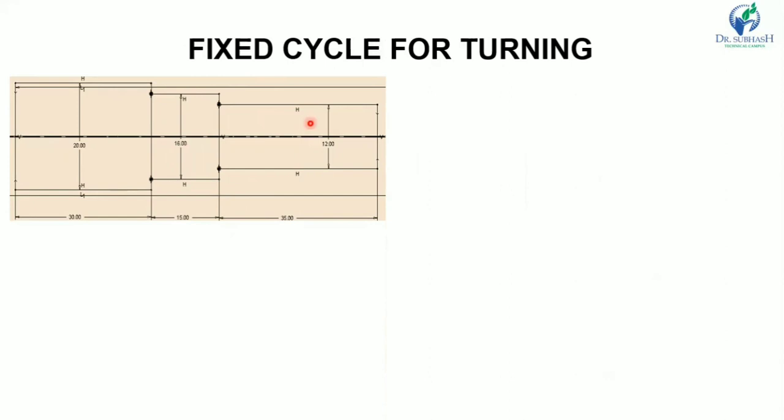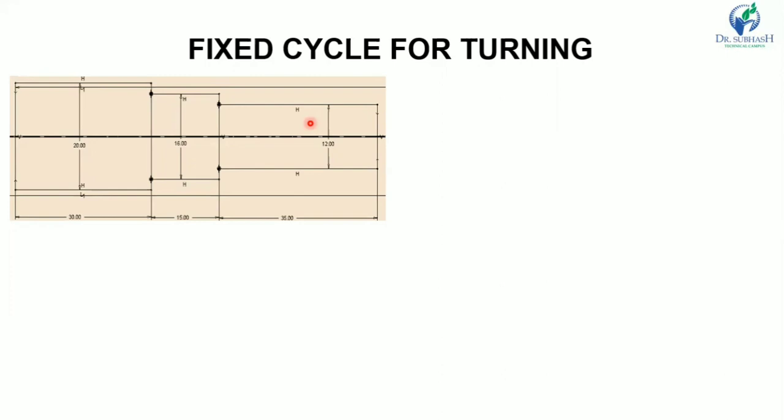The depth of cut is limited in a CNC machine also. So in order to machine the component to the required dimensions, a number of cuts may have to be taken. So this is one way of writing a program for achieving the required diameter on a CNC lathe machine, as we have discussed earlier.